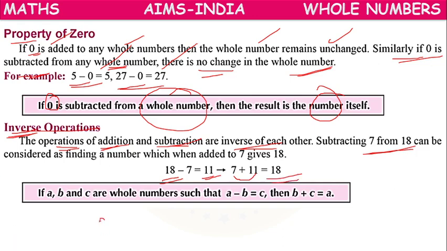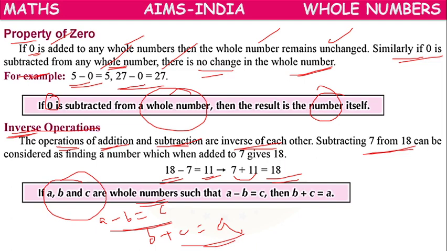Means if we do A minus B, and the result is C, then B plus C equals A. This subtraction can be written as addition, where A, B, C are whole numbers. So inverse operations are possible with whole numbers.